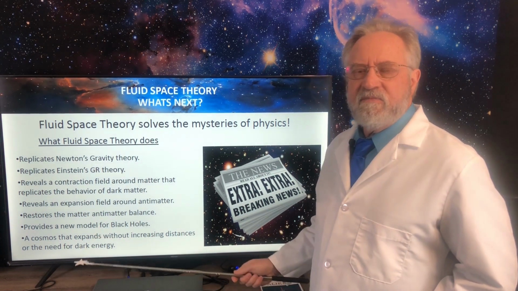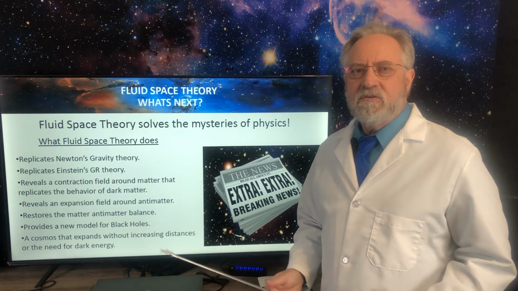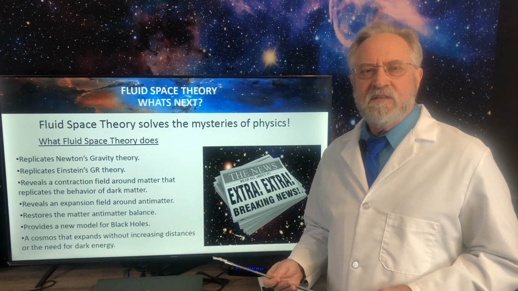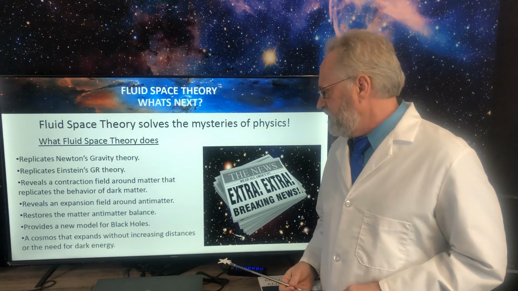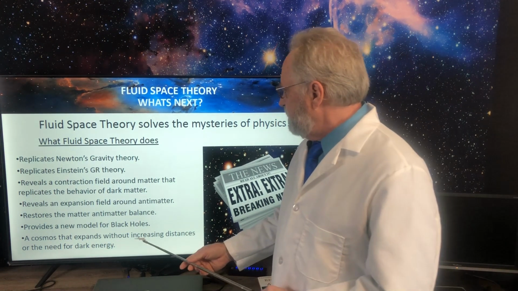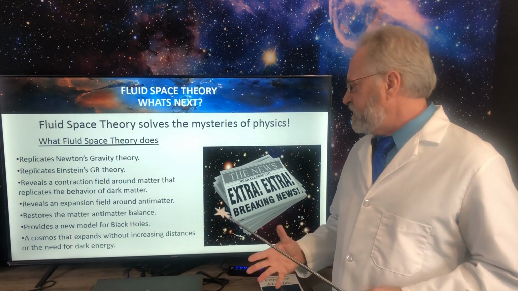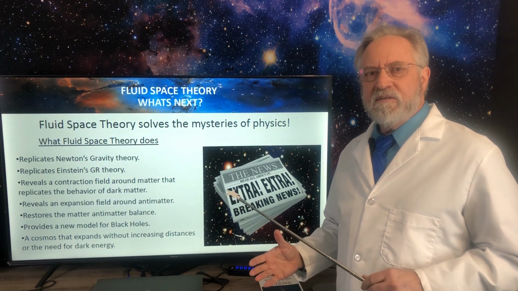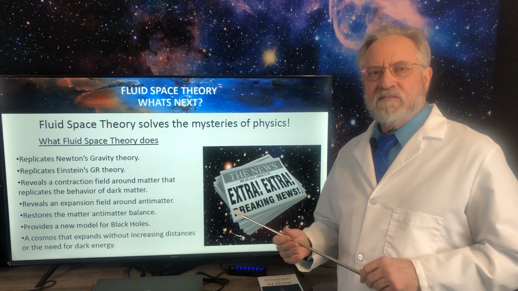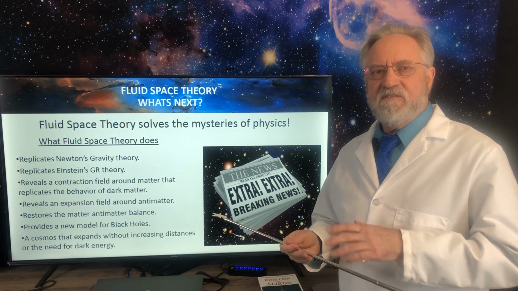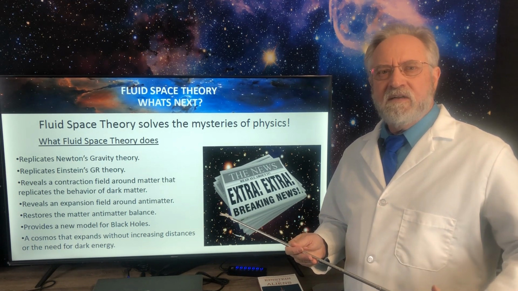Fluid space theory provides a new model for black holes, not with a singularity, but black holes that contain a space-time discontinuity. And fluid space theory also reveals a cosmos that expands without getting bigger. It expands without the distances between galaxies increasing. What's going on is the vacuum energy of the universe is slowly declining.